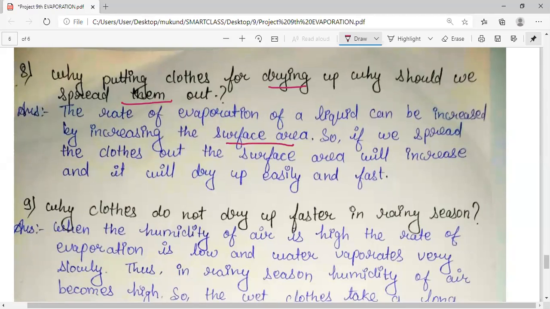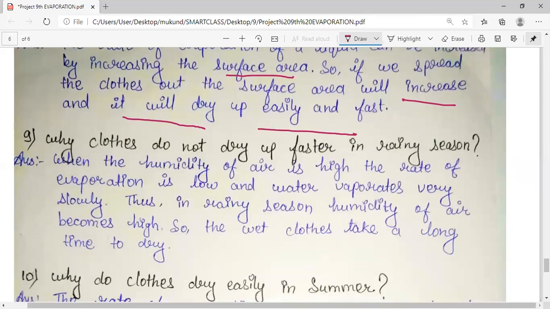So if we spread the clothes out, the surface area will increase and they will dry easily. Evaporation is directly proportional to the surface area, so the evaporation becomes faster and the cloth dries up faster.